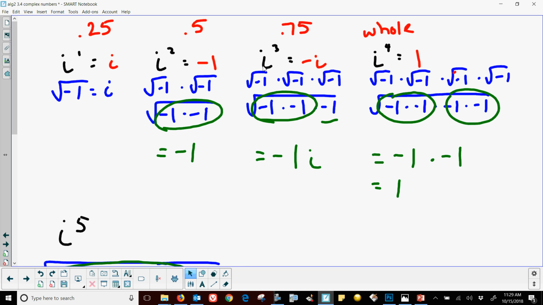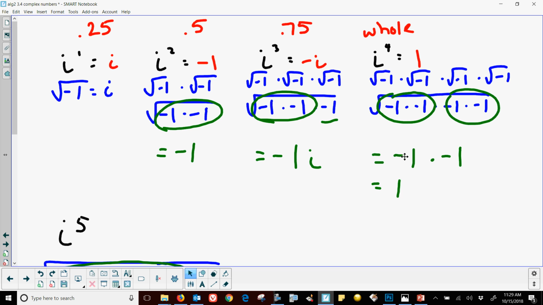i to the third means we have i 3 times, 1, 2, 3, and so we found the i squared that came out, and that was the negative 1. We just said that. But this little guy that's left over looks just like this little negative 1 that got left. So you get an i, and you get a negative 1, which makes i to the third negative i. i to the fourth, we got 4 of them here, and that little guy needs to go away.